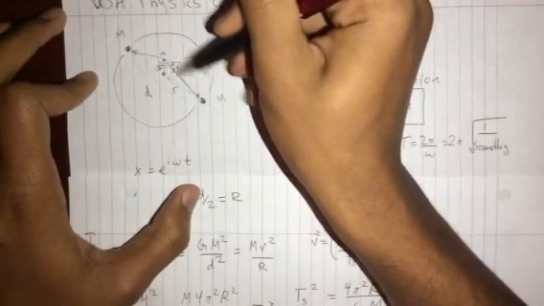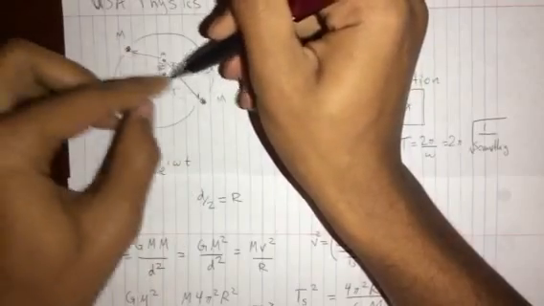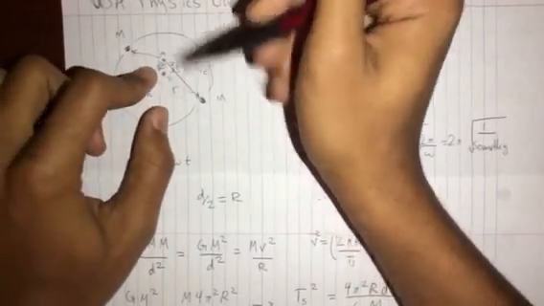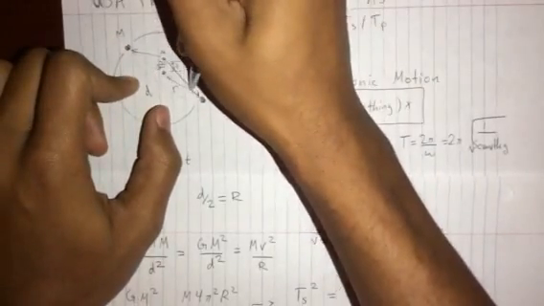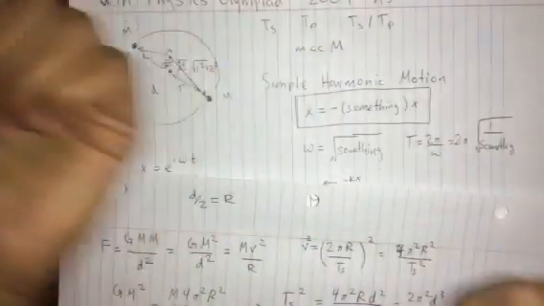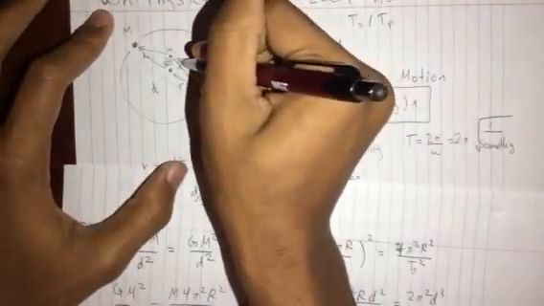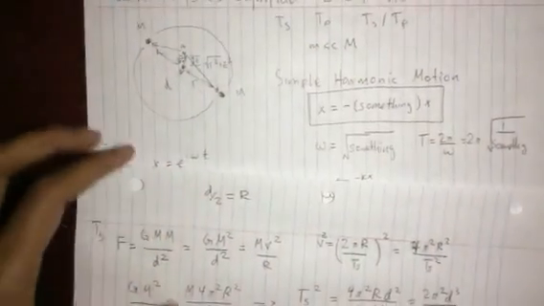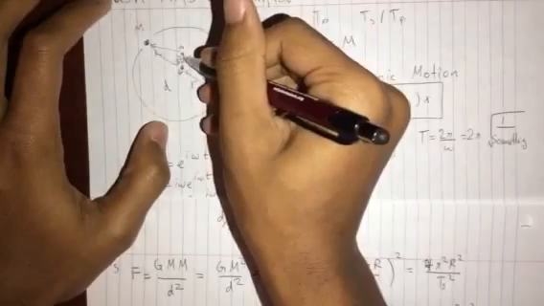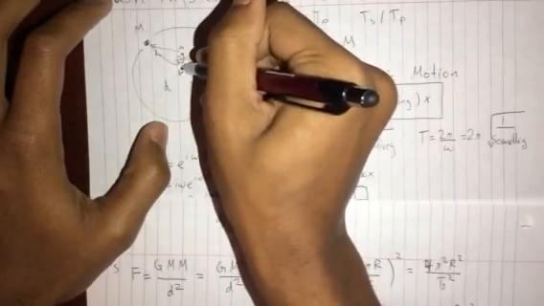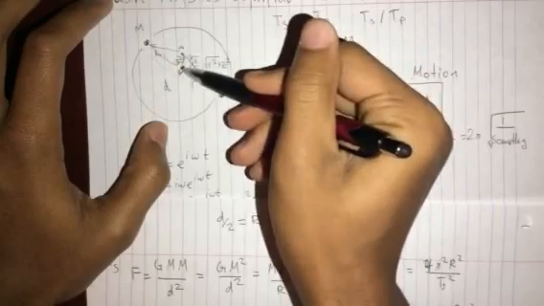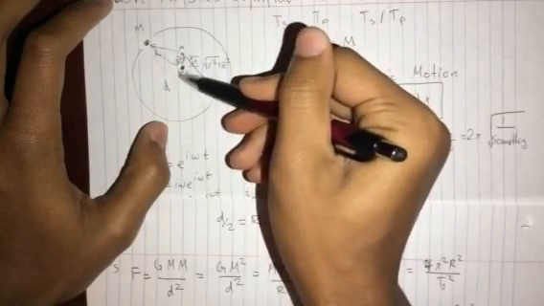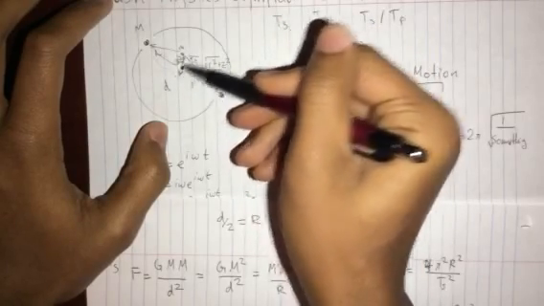But since these masses are equal and the same distance apart, the x components just cancel out. They both pull this way, and it cancels out. So they're both pulled down with some force. And that's actually going to be the restoring force, because it wants to be here, and the gravitational force restores it to here, and when it's over here, it wants to go back to this equilibrium point.